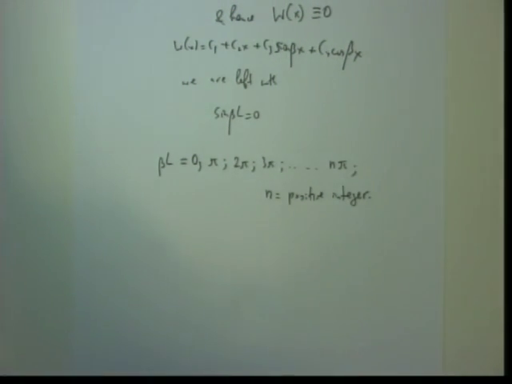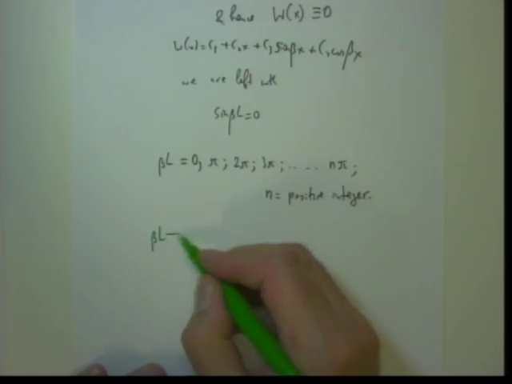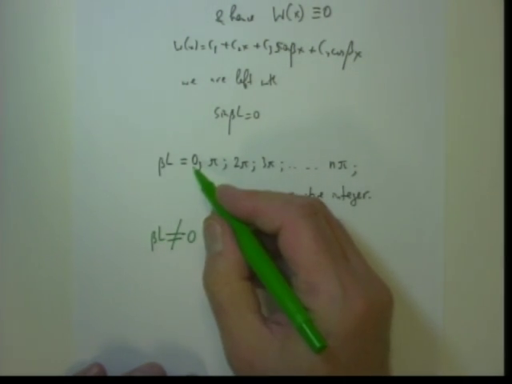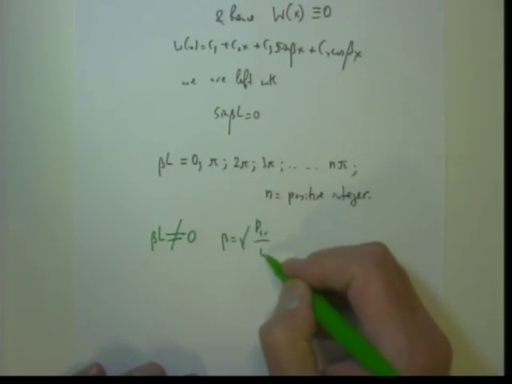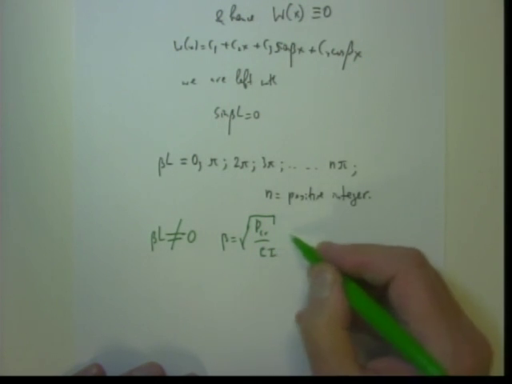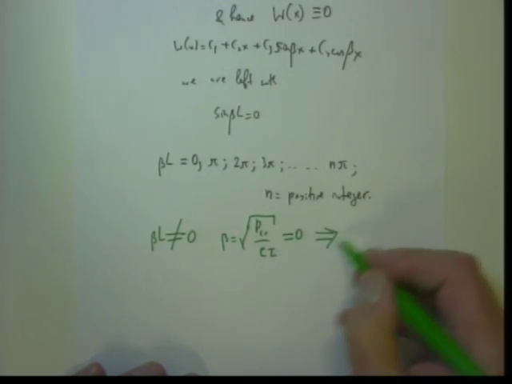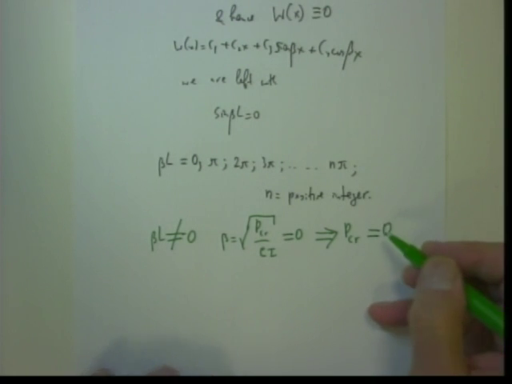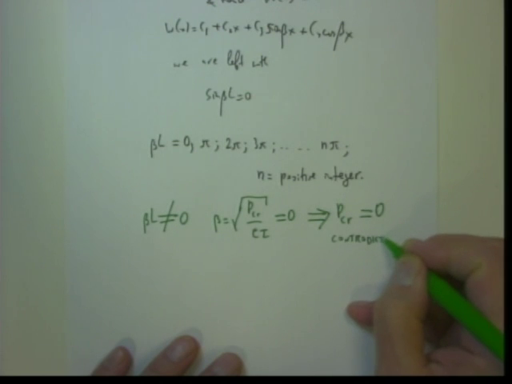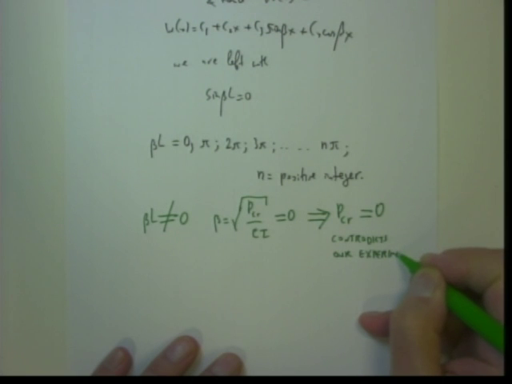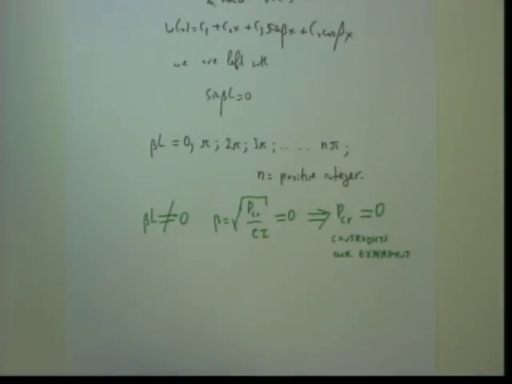Now let us consider all these possibilities. Beta L cannot equal 0, because beta equals the square root of P critical over EI, and if it equals 0, that would mean that P critical equals 0. This contradicts our experiment, where we said that P is increasing.